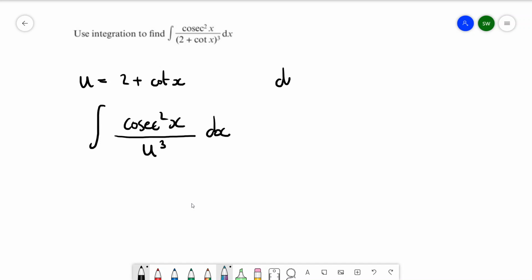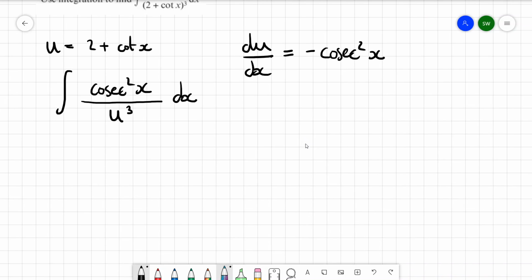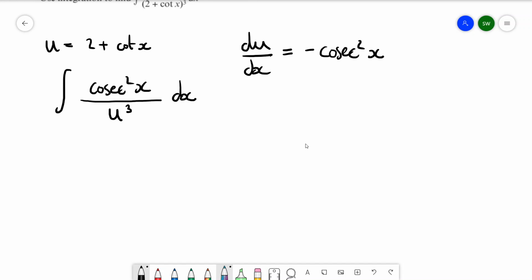So if we work out du by dx, it is going to be cot differentiates, careful, we're differentiating now, cot differentiates to minus cosec squared x, and you can find that in your formula book. So we're going to rearrange this to get dx on its own.